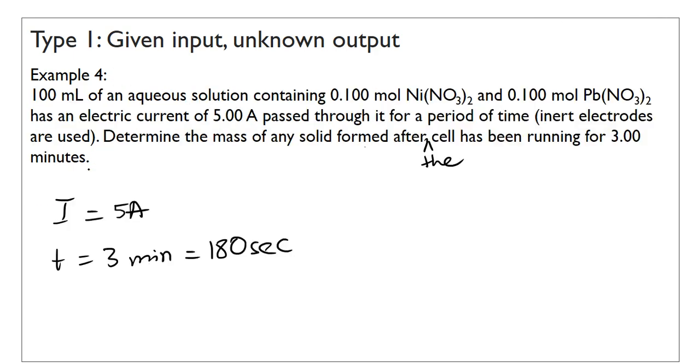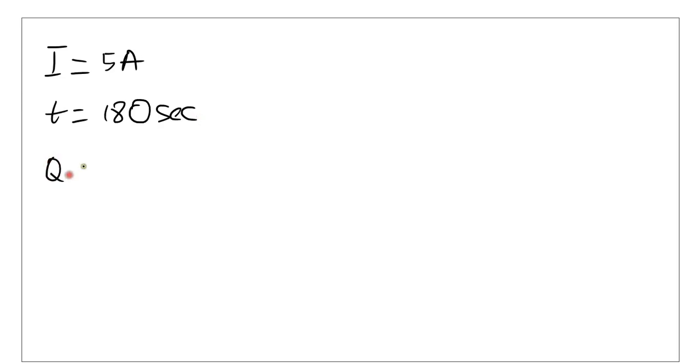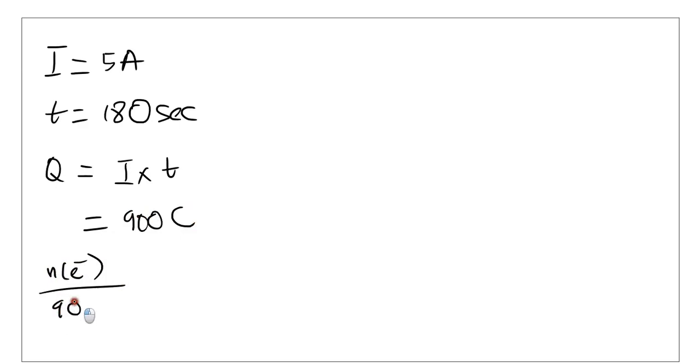Again, the rest of the question is very similar to example 1 and 2, which hopefully you have done by now. So time is 180 seconds. So you need to find the charge, which is current times time. So 5 times 180 is 900. And then from there, you should be able to work out the number of mole of electrons for 900 coulombs being supplied.